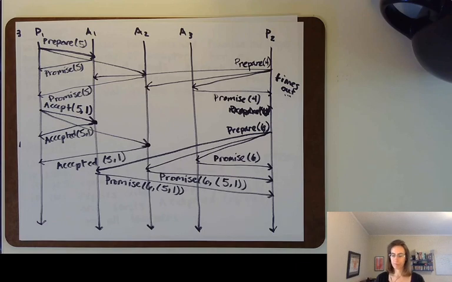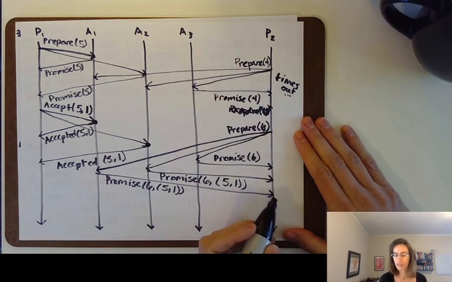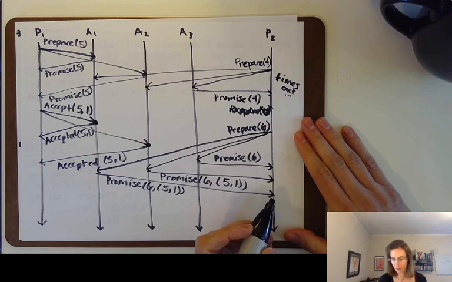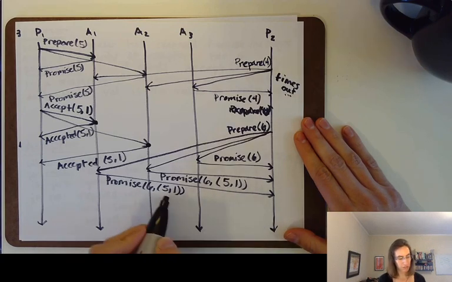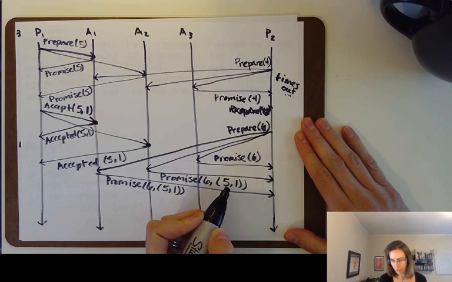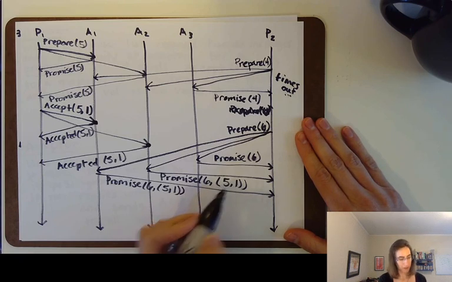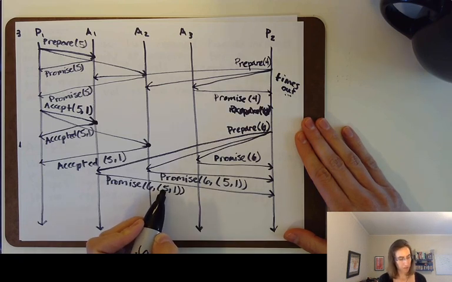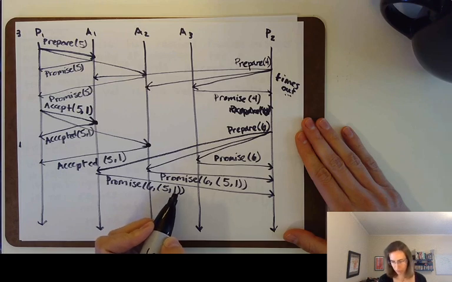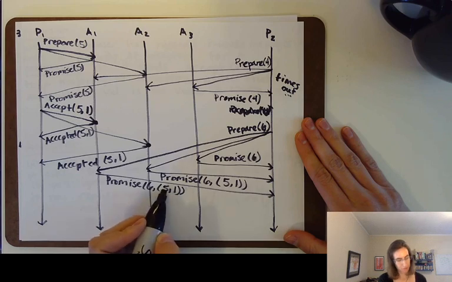So the proposer, P2 here, is going to have to take into account somehow this extra information that was included in these promise messages. In particular, what it has to do is look at these pairs of a previous proposal number and a previous value. It's going to look at whichever proposal number is the highest.